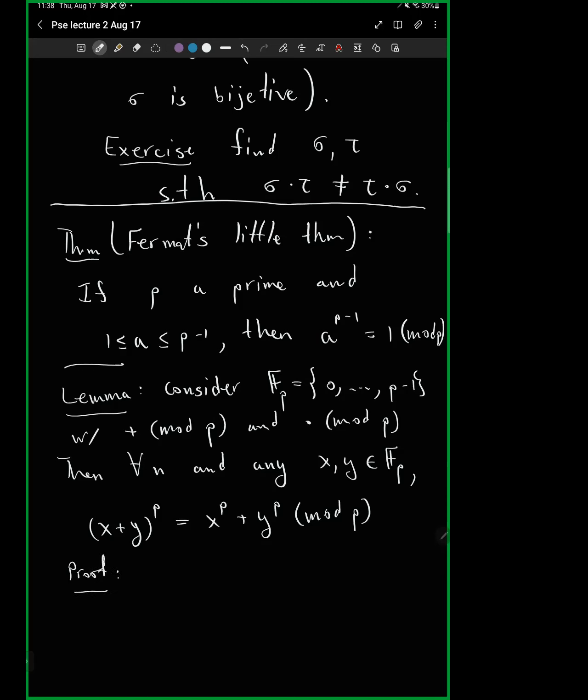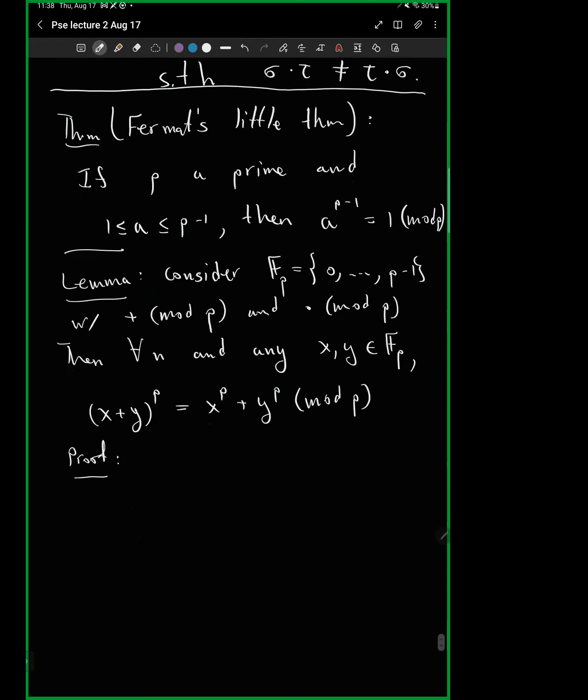Okay, so there is the so-called binomial formula. That is, if I take (x plus y) times (x plus y) times (x plus y), and I do it, in our case, P times, but this formula, of course, is valid for any power you take of x plus y.